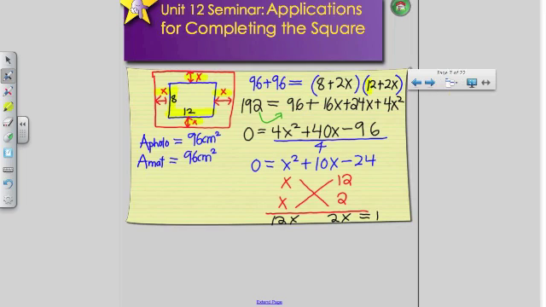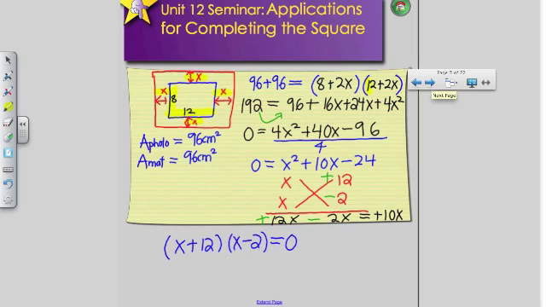If I'm trying to get positive 10x, I have to make my 12 positive and my 2 negative. So I come up with binomials x plus 12, x minus 2 is equal to 0.